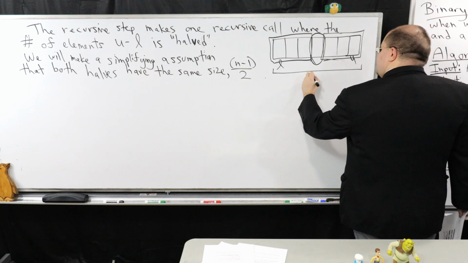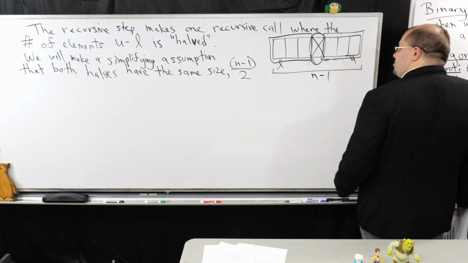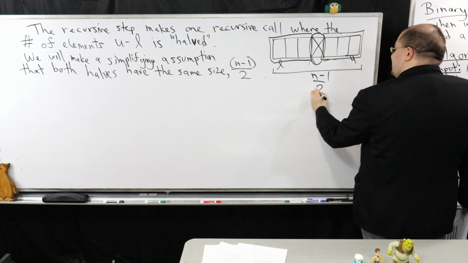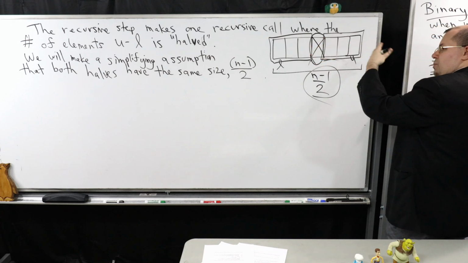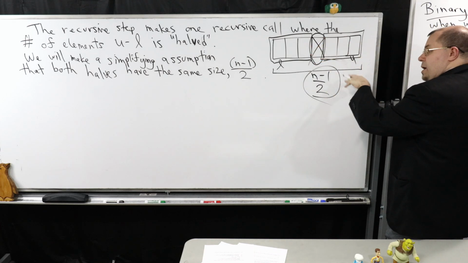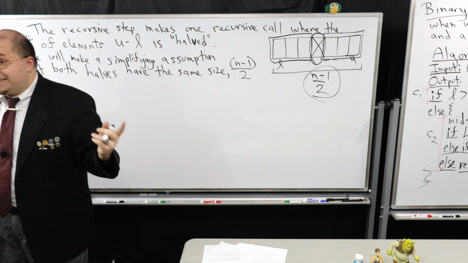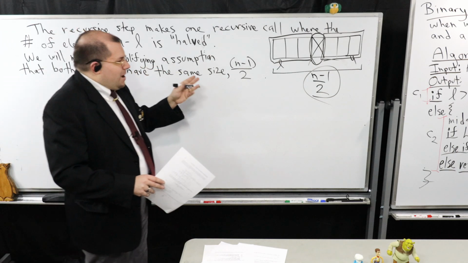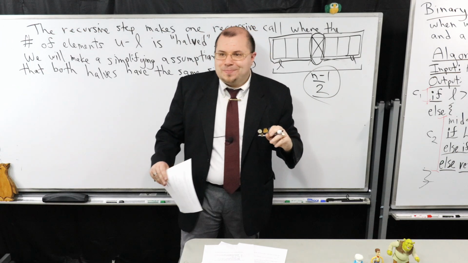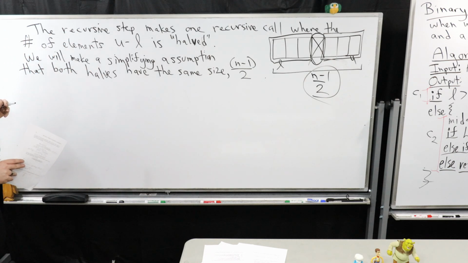So if this is n, you don't consider this one, so now you have n minus 1 elements, and you're halving this. That's where it comes from. It is an upper bound on how many elements can be sitting in one of the two halves. Any one of these two halves can't exceed this number. Okay, that's an assumption I'm going to make.